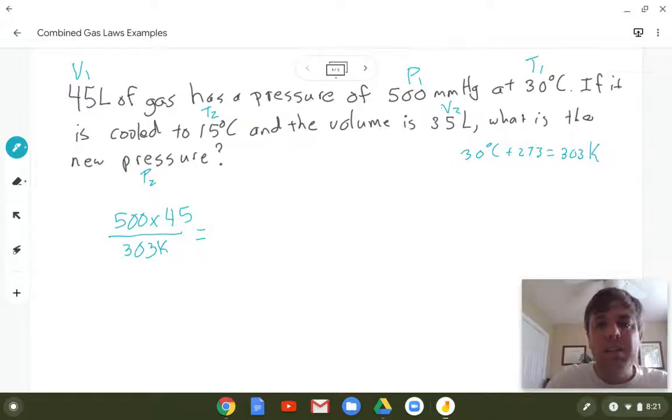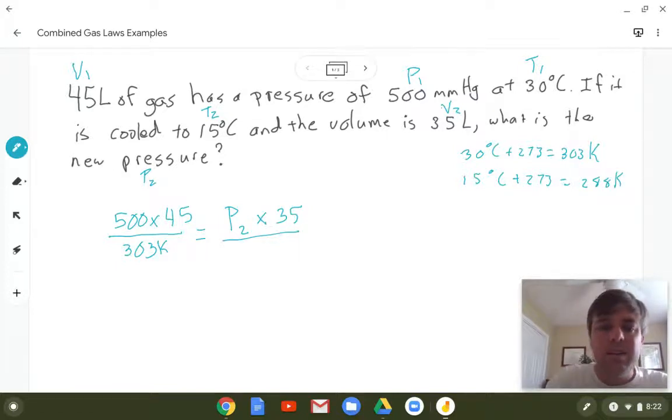Now it's going to equal P2, which we don't know, times our second volume, 35 liters, over our new temperature, 15. And 15 degrees Celsius plus 273 is 288 kelvins.